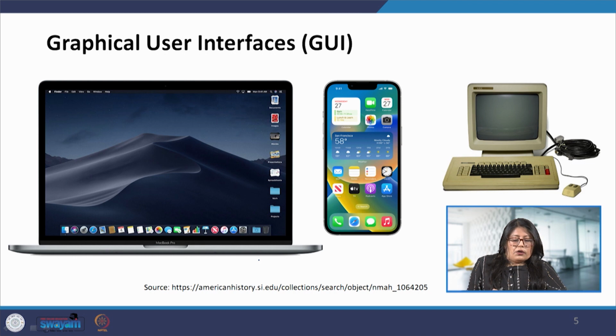Now, although it was designed in the late 1970s and early 80s, it was very much a step ahead of what people were used to earlier. So, it was a pioneering graphical user interface which was developed by the Xerox Corporation's Palo Alto Research Center.